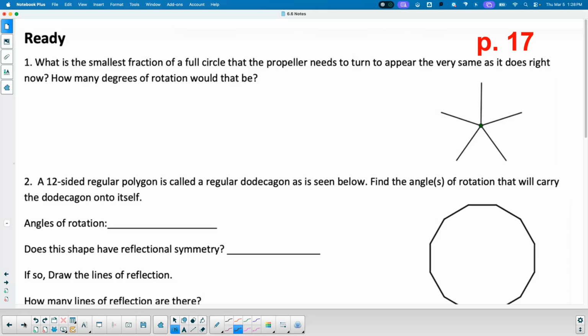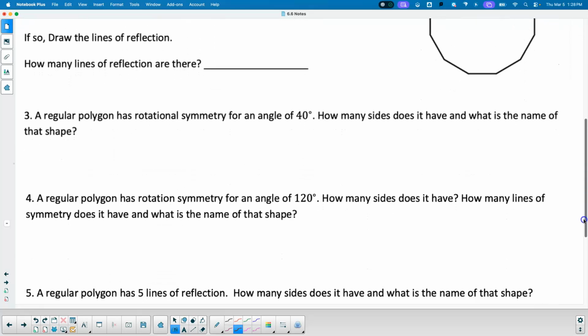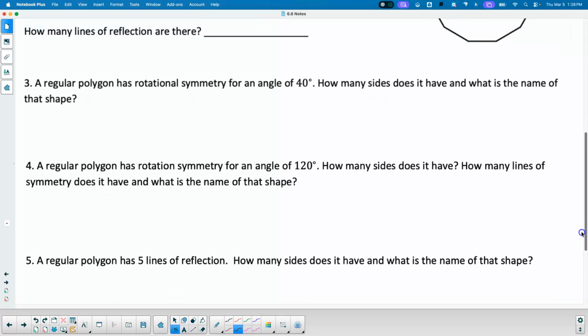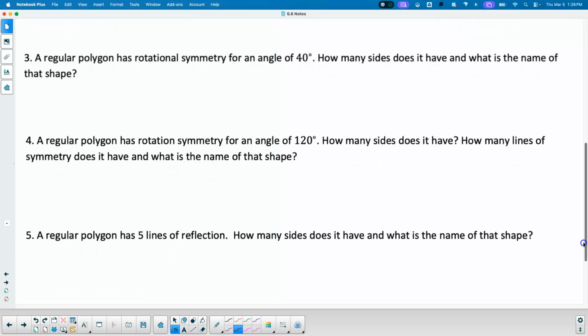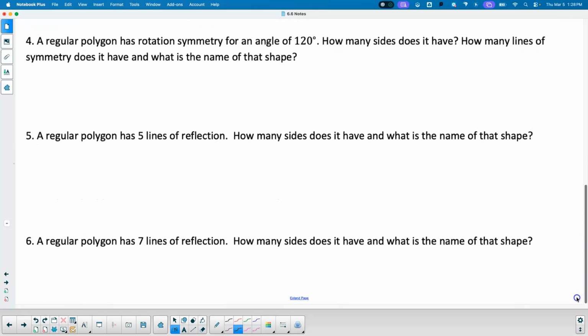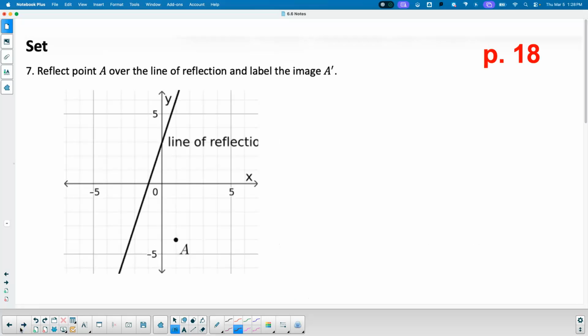It's called the dodecagon. Okay. Angles of rotation. We can do all of that. Regular polygon has a rotational angle. Yep. We can do all of that. 3 and 4 are working backwards. Just so you know, it gives you the angle that it rotates. It's asking you to find how many sides it has. Love it. We can handle 1 through 6 for sure.